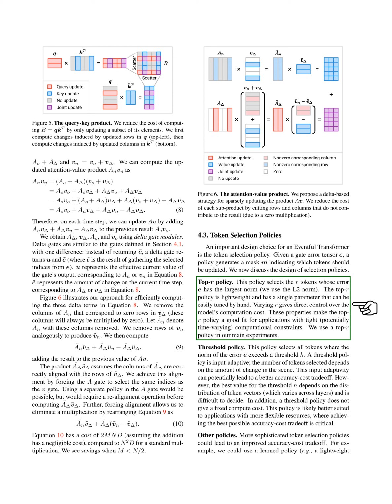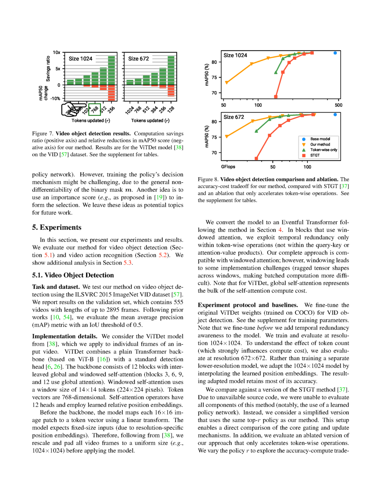We tested our method on video object detection and video action recognition tasks. We used the ILSVRC 2015 ImageNet VID dataset for video object detection. The dataset contains 555 videos with lengths of up to 2,895 frames. We evaluated the mean average precision (mAP) metric with an intersection over union (IOU) threshold of 0.5.